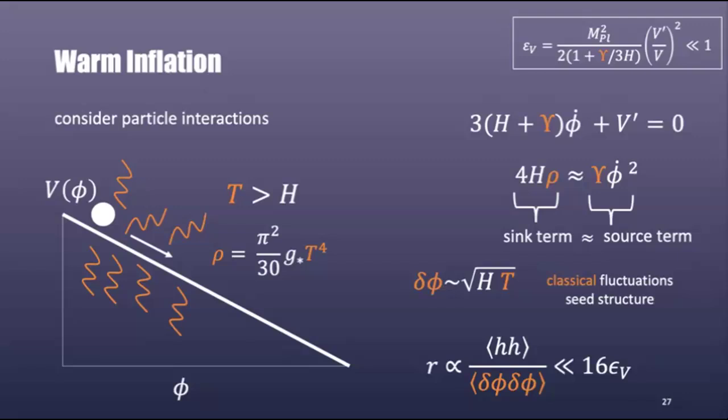Your statement that the radiation is larger than the kinetic energy, that's only true in strong warm inflation? That's right. One can distinguish between this being larger than Hubble and smaller than Hubble. People call that strong and weak.